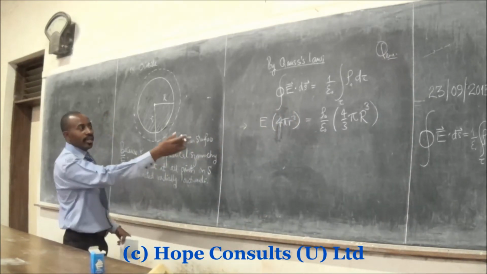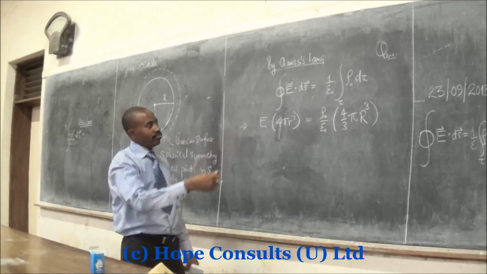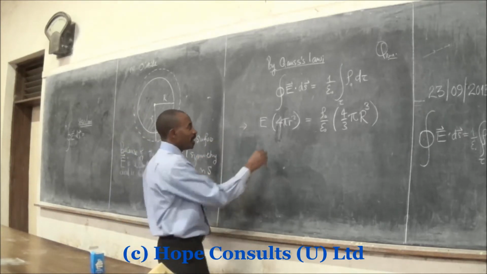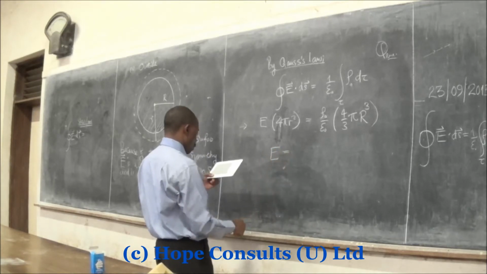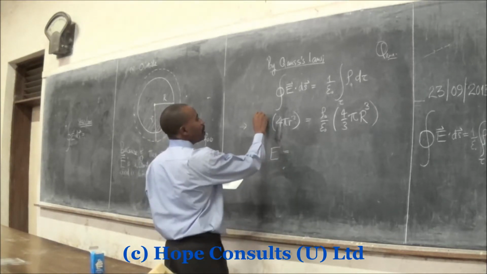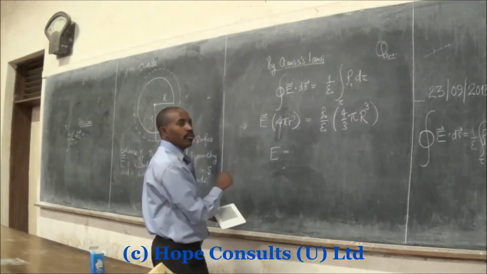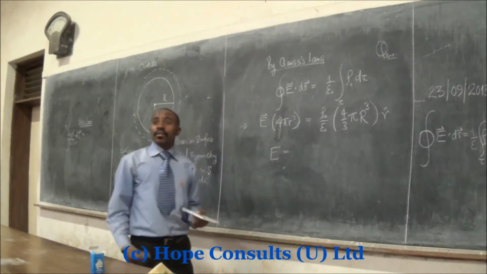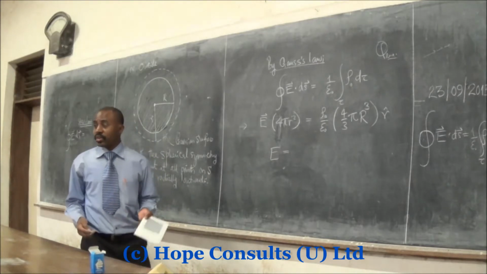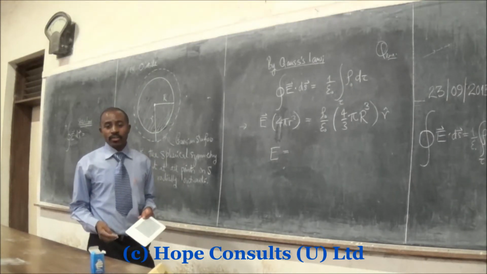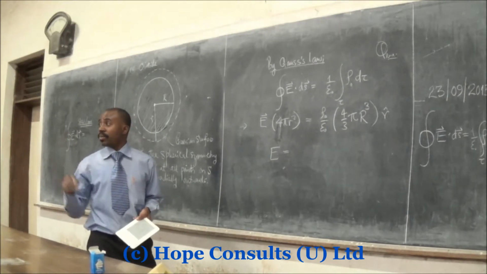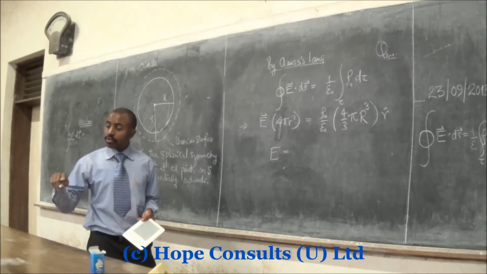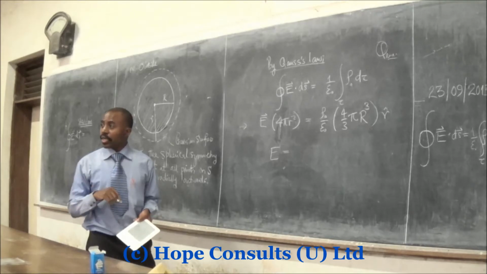So I do the canceling of the pi's, the r's, and the like, and then I come up with E equal to, and you can put your vector here if you want, and put the R cap on the other side. You haven't changed anything, okay? R cap is the unit direction vector along the radius.